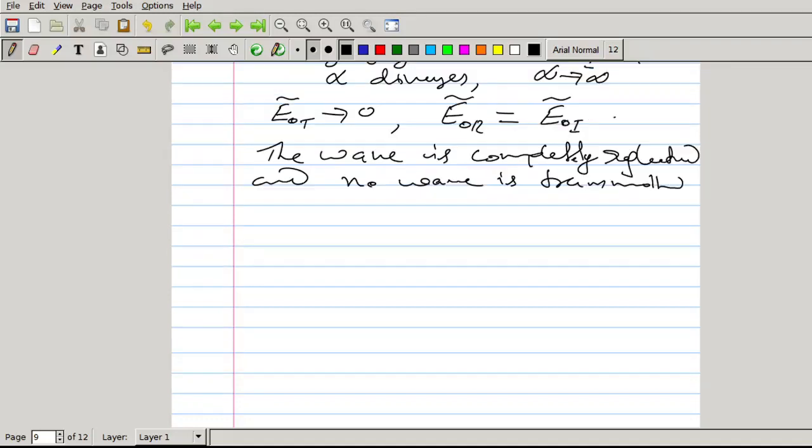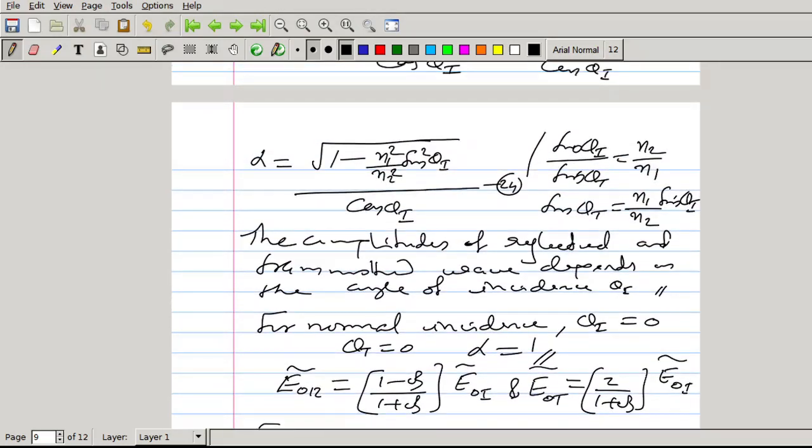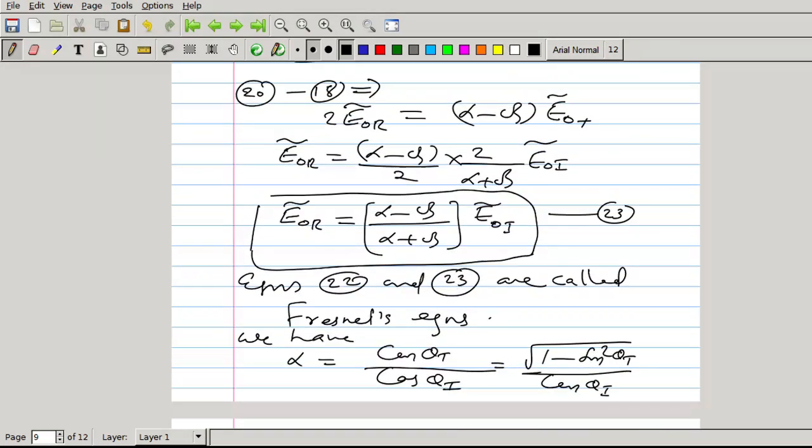And interestingly, we can have a situation. See this equation 23. If we consider a situation where alpha equal to beta, then this term becomes 0. So E0R becomes 0.